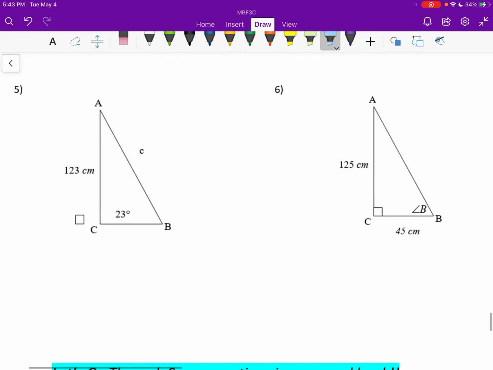These ones, dead giveaway is that they're both right angle triangles. Sorry, this right angle should be there. So then we're just going to go down. For both of these, I can use SOHCAHTOA, because they're both right angle triangles.